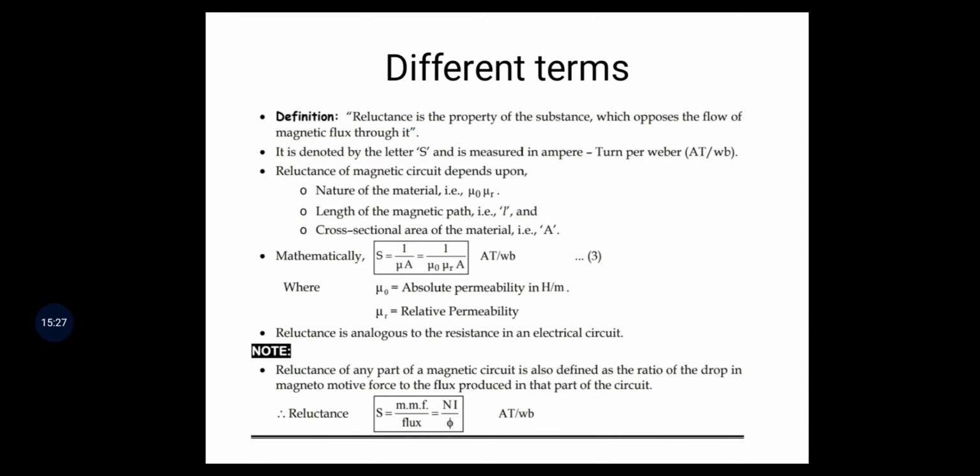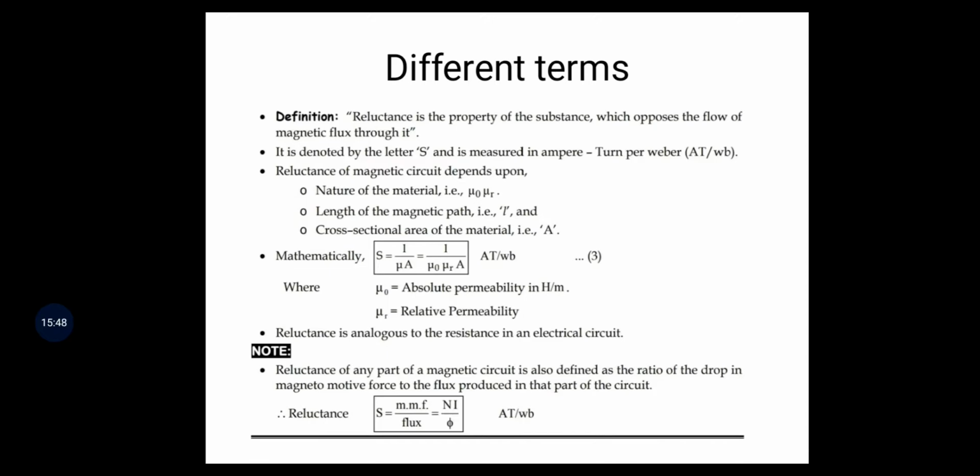Mu naught is the absolute permeability in Henry per meter, and mu r is the relative permeability.